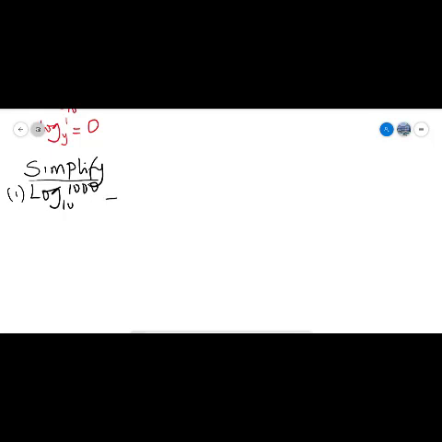Okay, you must remember that 1000 is equivalent to 10 raised to the power 3. So this is log 10 raised to the power of 3 base 10.